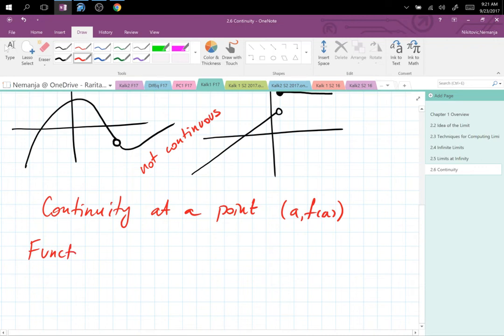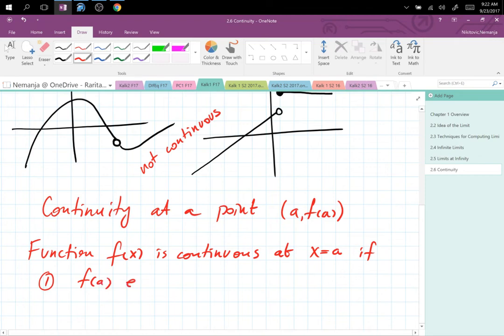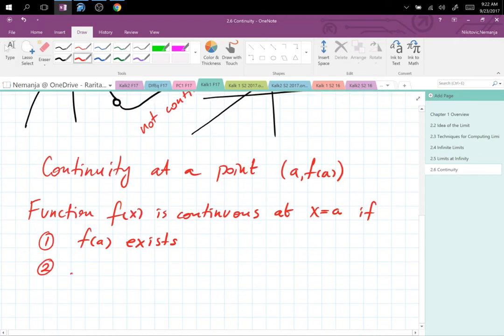Function f of x is continuous at x equals a if, and we have these three rules. Number one, f of a exists. Number two, the limit of f of x as x goes to a exists.